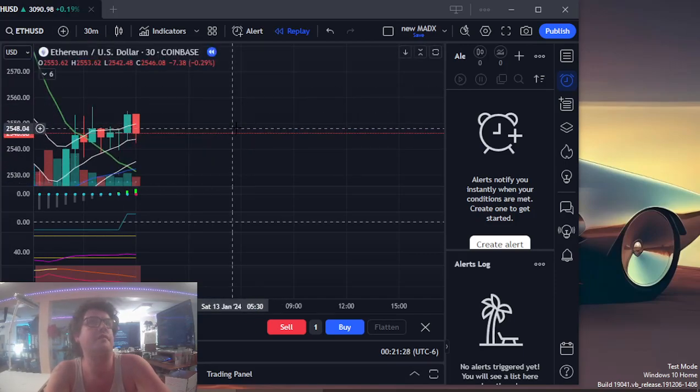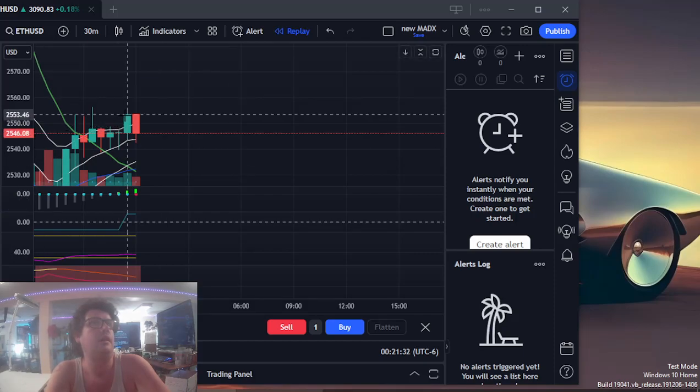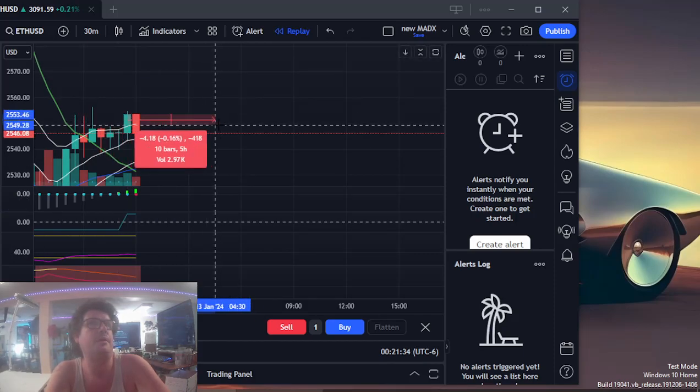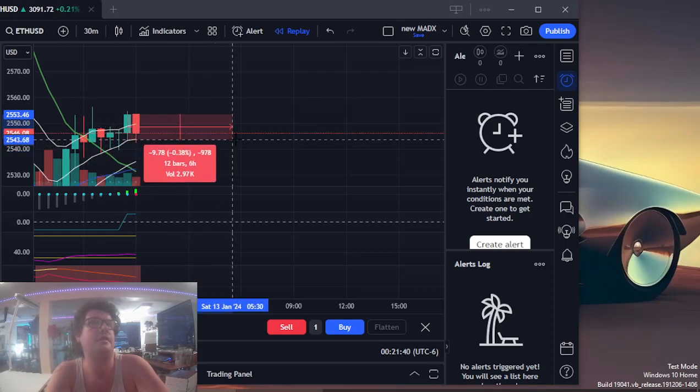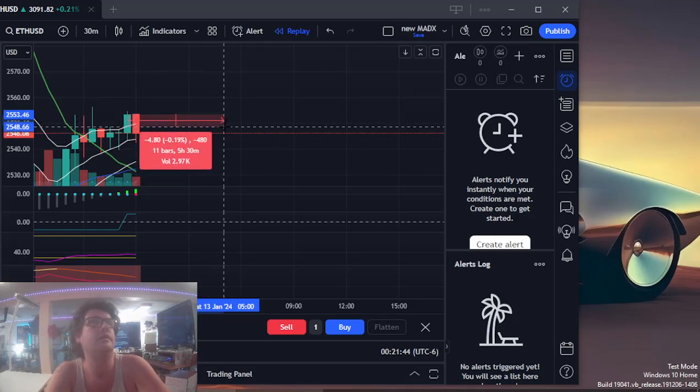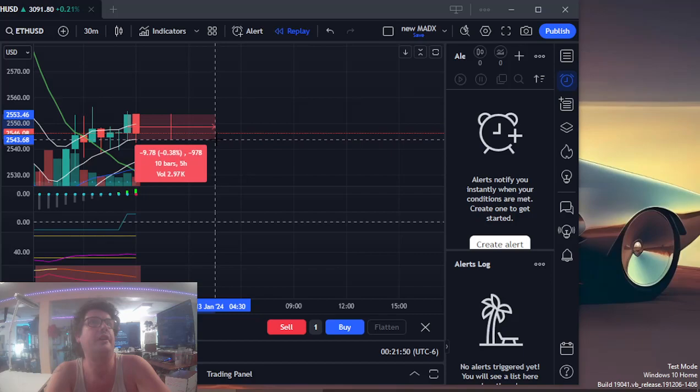The rule is if more of the candle is above the EMA, then that becomes the stop loss. So about 18 to about 38. Let's see here. It's very close.